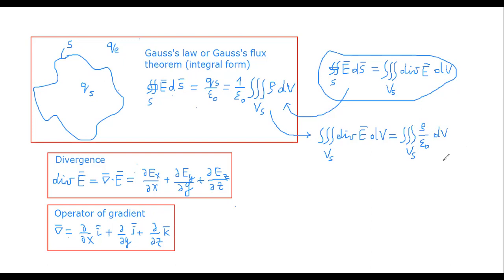And from this equation we can get that the divergence of electric field intensity is equal to electric charge density divided by the electric constant.